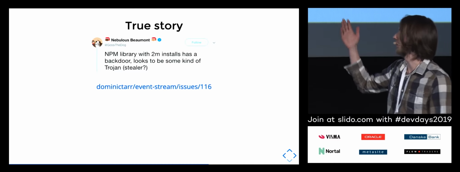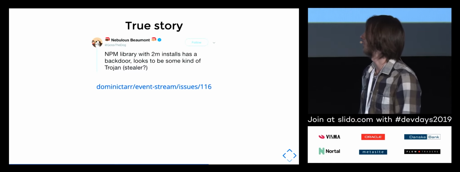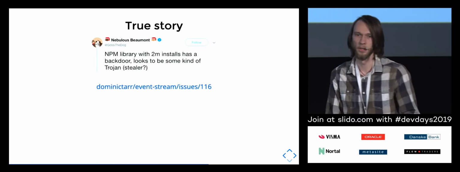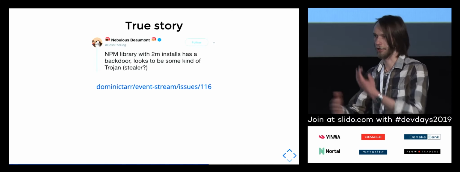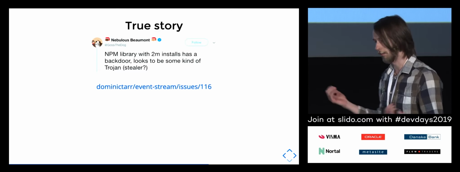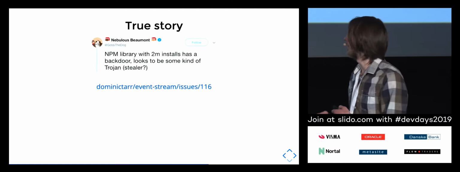And people still were using this, and there is a link if you want to see the details. It was a real issue on GitHub, so it was a discussion. Then a lot of angry people. What are you doing? Why are you providing this? But it's open source. It's provided for free. No guarantee. You are using it at your own risk.